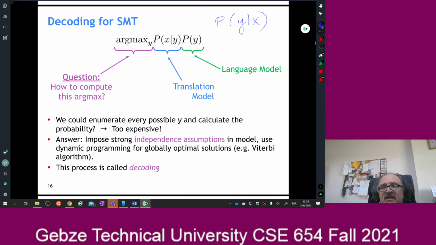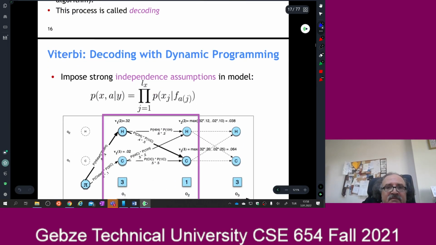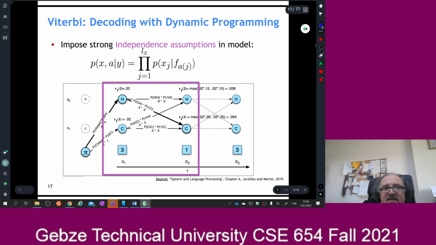And using dynamic programming, like the Viterbi algorithm and other types of dynamic programming, we can decode this problem up to some point. So that was the basic idea of the whole statistical machine translation. You know this decoding with dynamic programming, right?